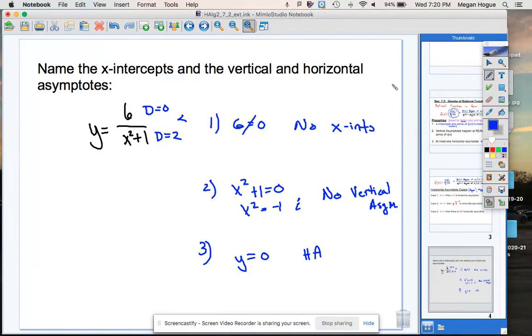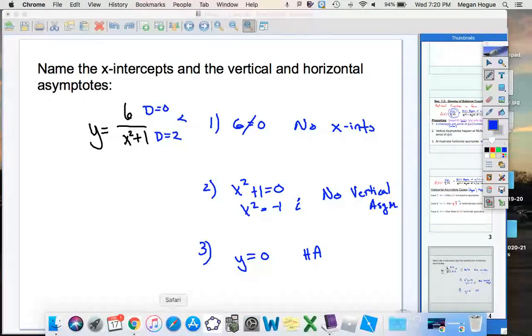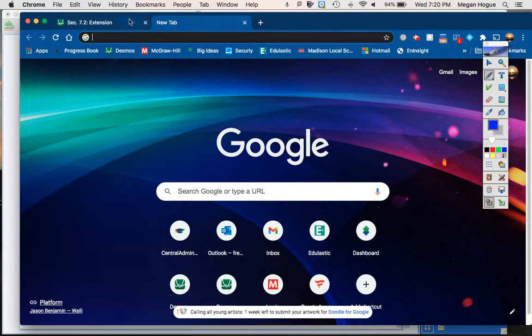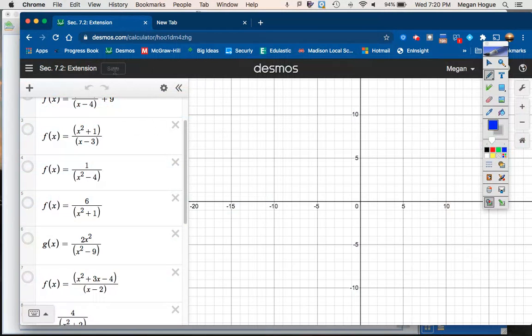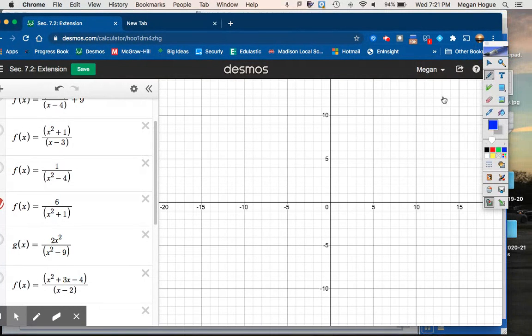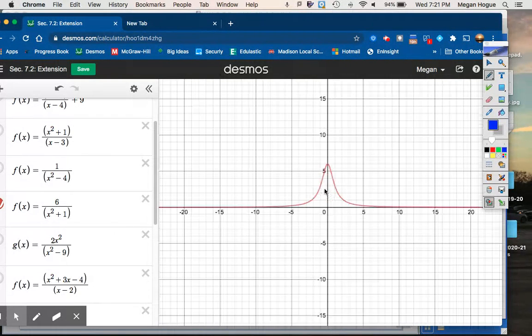Then we'll pull up Desmos and look at what that graph looks like. We might have to zoom in or out, so let me zoom here.